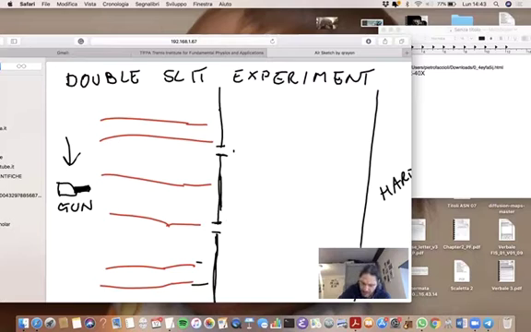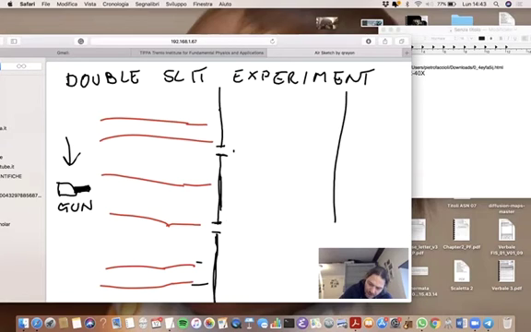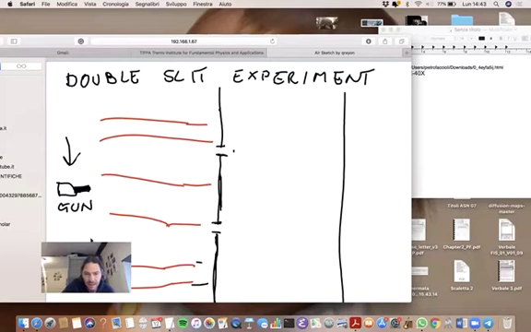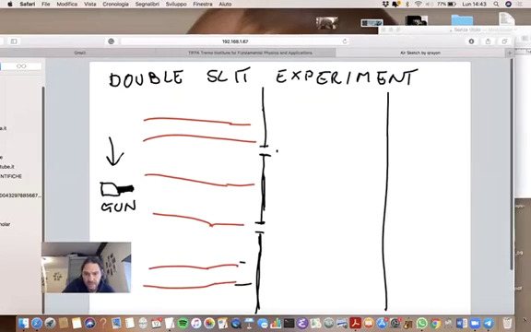Now, let me draw it a little bit better here. Most of the time, which means most of the bullets, will not reach the second wall. They will remain stuck in the first wall.